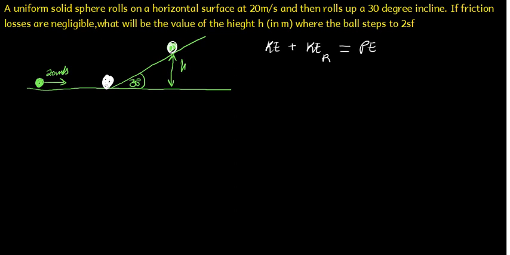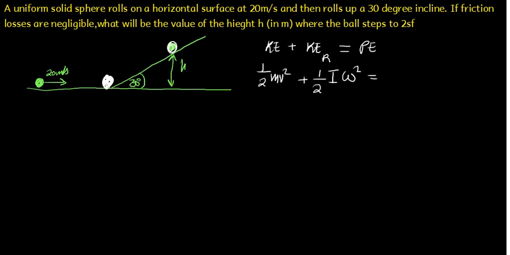But how do we find these energies? Kinetic energy is given by half mass times velocity squared. Rotational kinetic energy is simply the same as kinetic energy but in angular terms. Mass in angular terms is the moment of inertia, I, and velocity becomes the angular velocity, omega squared.